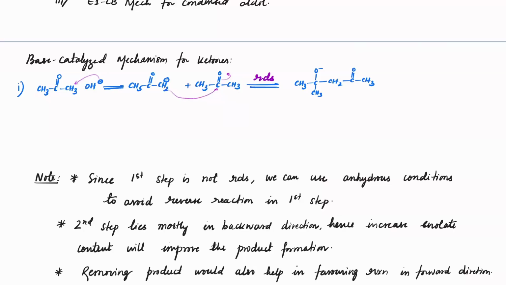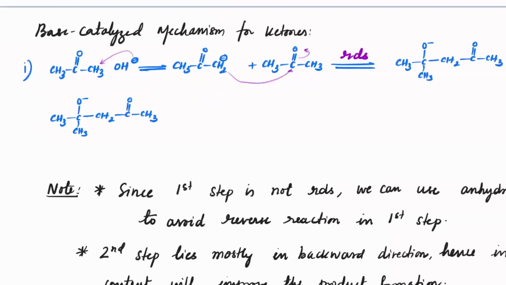Got it? And notice once you get this form here, the second step is to first get protonated and convert into an enol form. So that will convert into CH3, CH3 and CH3, and then we have OH, then CH2, C double bond O, CH3.